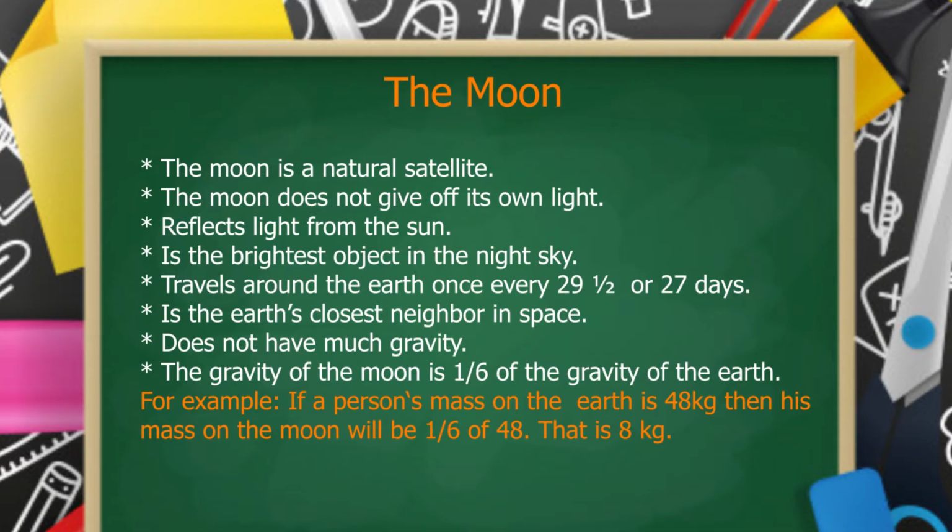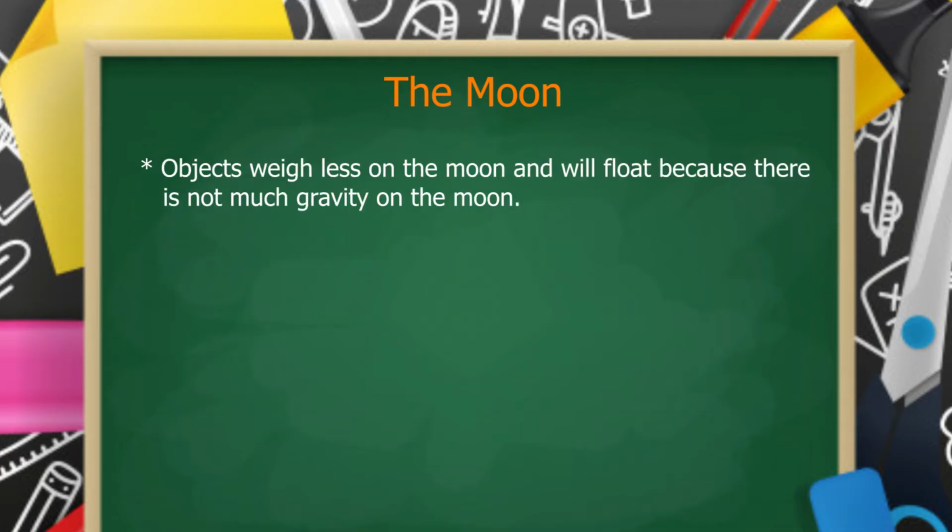And 1/6 of 48 is equal to 8 kg. Correct. So objects weigh light on the moon and will float because there is not much gravity on the moon.